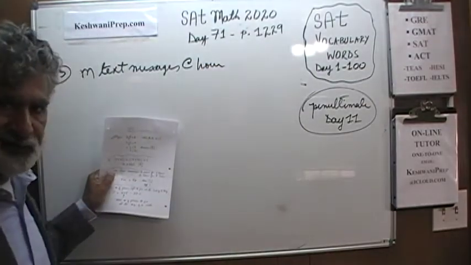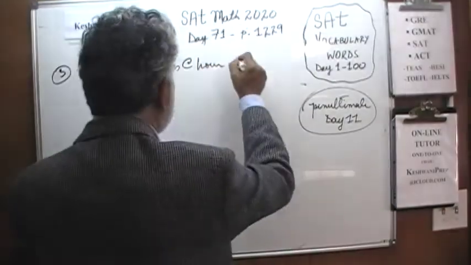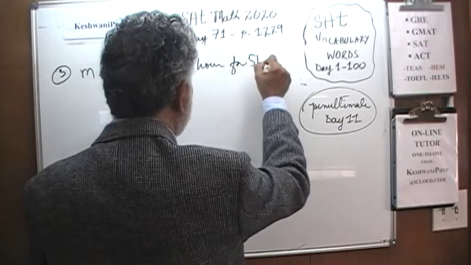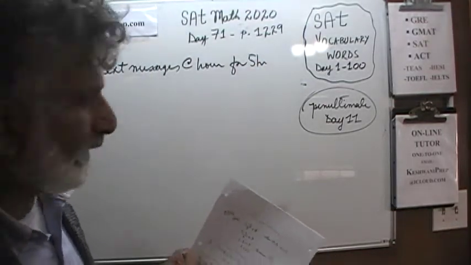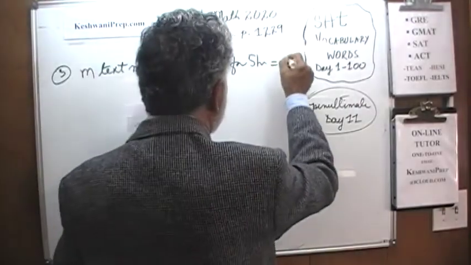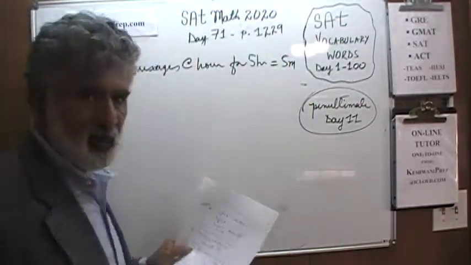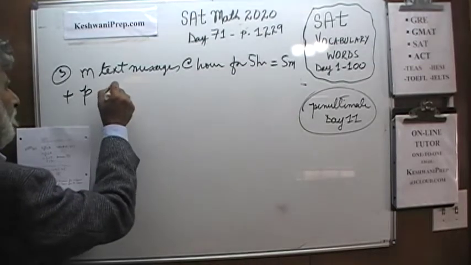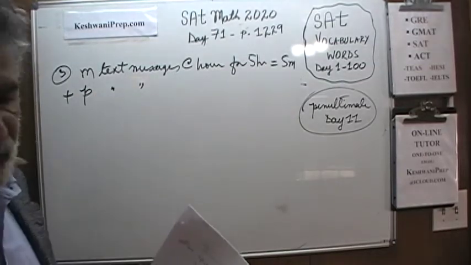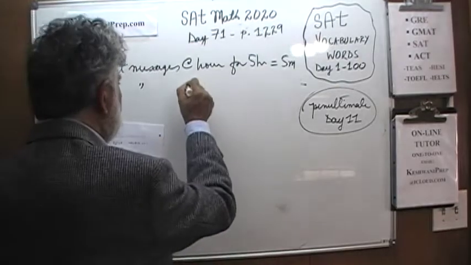Every hour he sends M number of text messages for 5 hours. Well, if you send M messages each hour for 5 hours, you're going to end up sending a total of 5 times M messages.